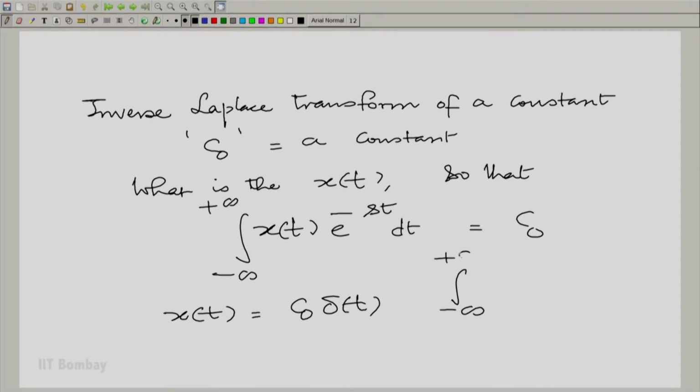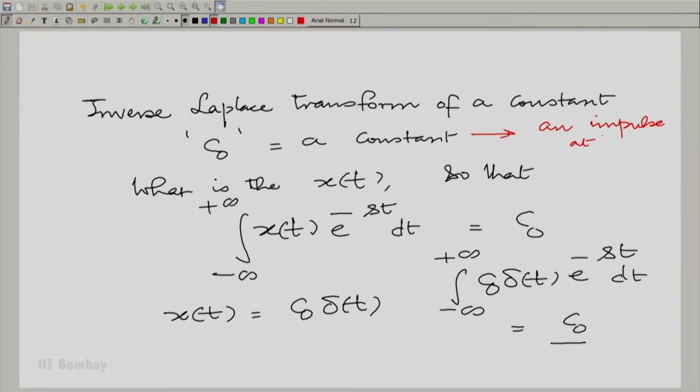Indeed, the integral of C0 delta(t) times e raised to the power minus st dt is simply C0. Therefore, the inverse Laplace transform of a constant is very easy, just an impulse at t equal to 0 with strength equal to C0.